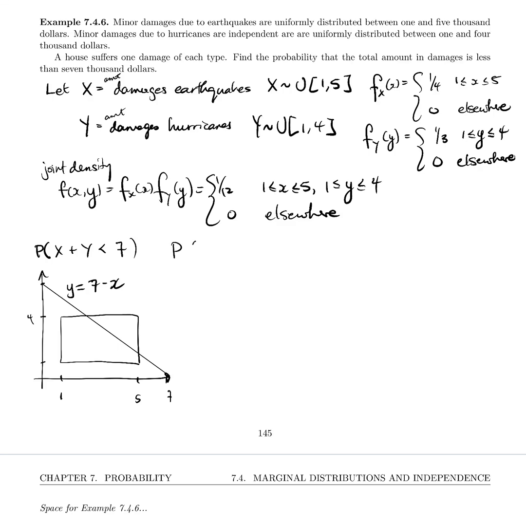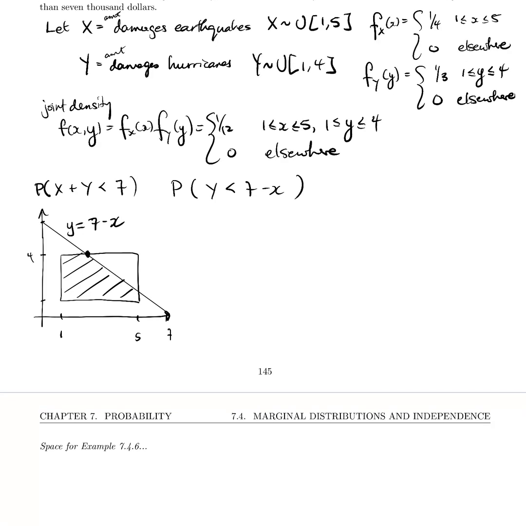That's the same thing as the probability that y is less than 7 minus x. And that, as a region, is here, the part of the support that is less than 7 minus x. So we want to get a handle on that. Let's find these points of intersection. And so 7 minus x when y is equal to 4, so 7 minus x is equal to 4. That means x is 3.